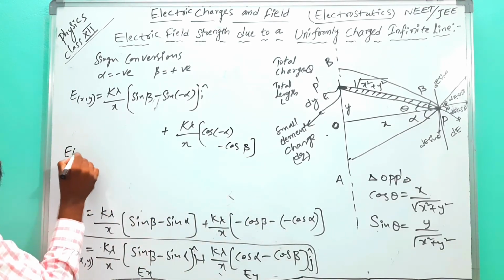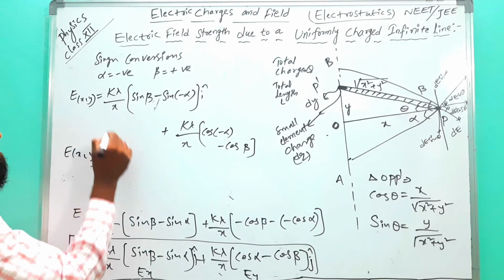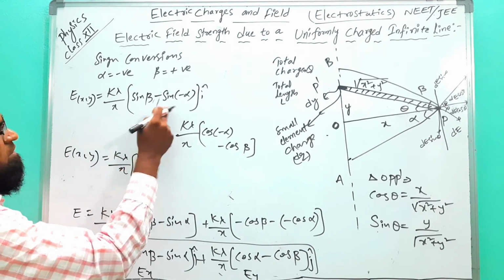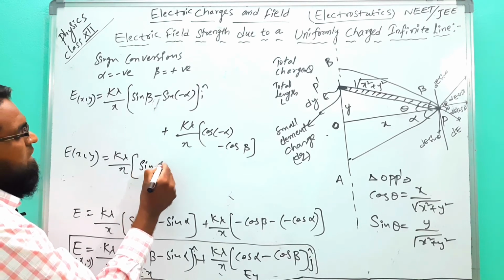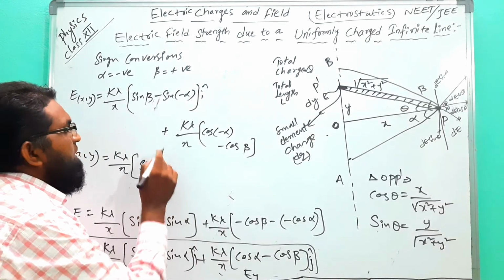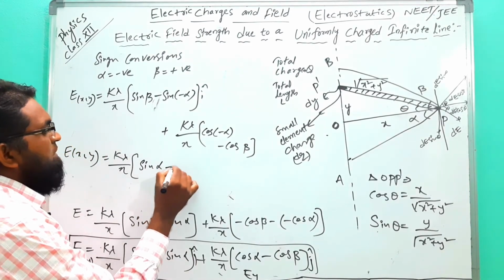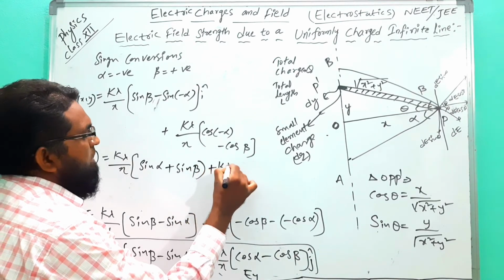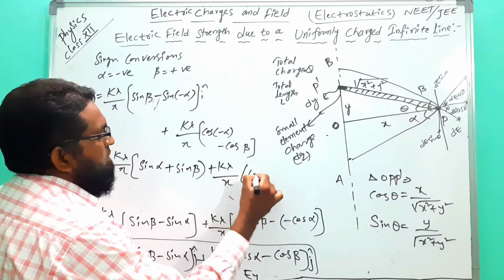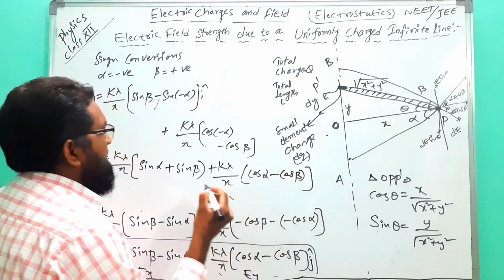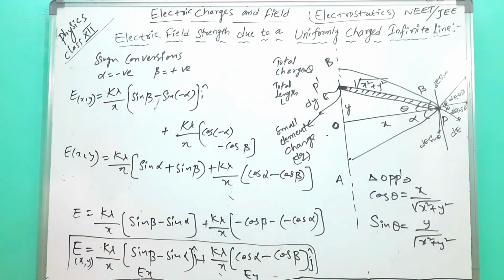So E of x comma y equals k lambda by x, so sin of minus theta is minus sin theta, so minus of minus gives plus sin alpha plus sin beta, and the second one is k lambda by x times cos alpha minus cos beta, with no change for the cos y-axis equation.